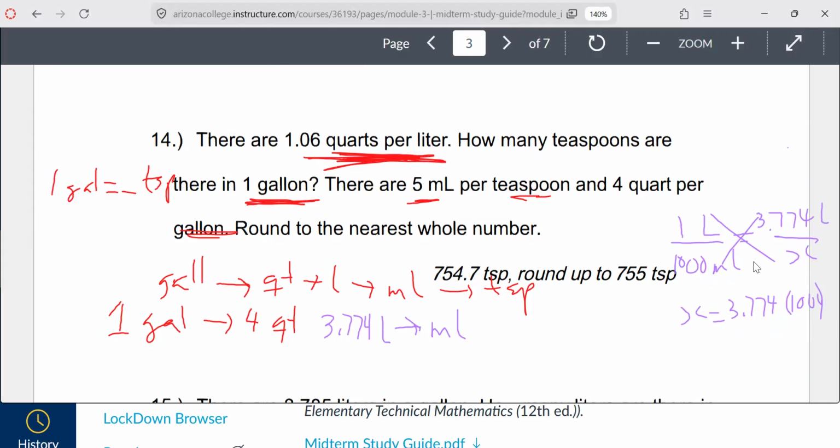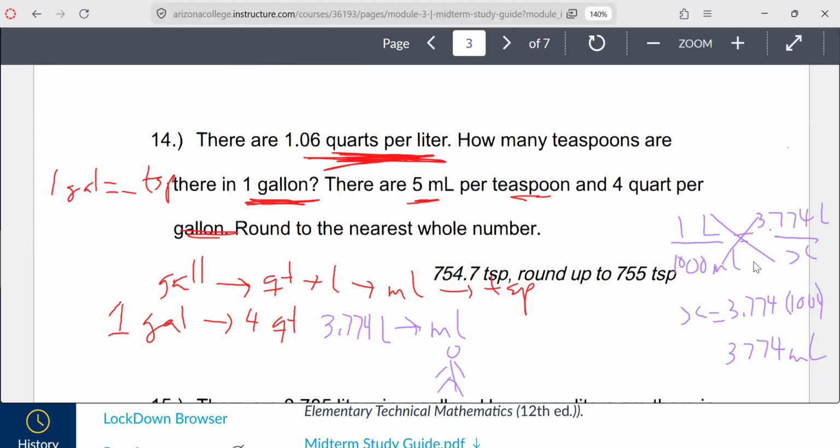And that's why I said earlier, if you use the King Henry, you are multiplying 3.774 by 1,000, which gives you 3,774 mLs. So 1 gallon is 3,774 mLs. Now we have to go to teaspoons.